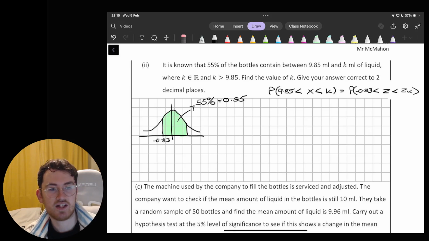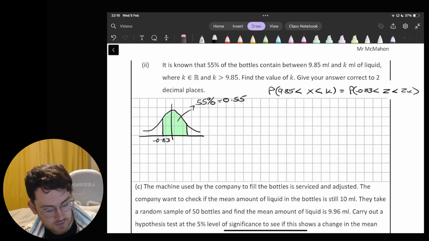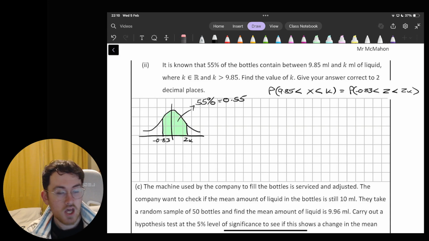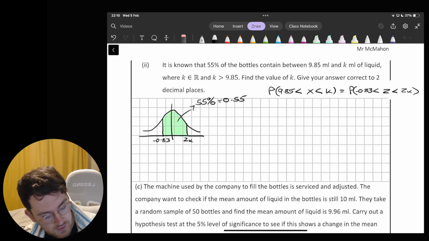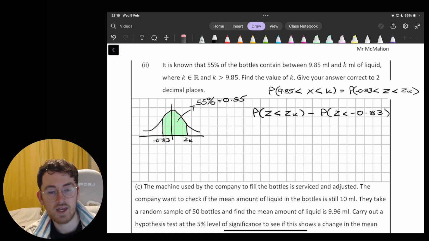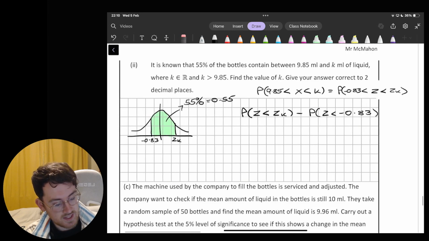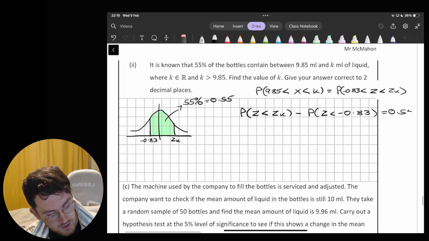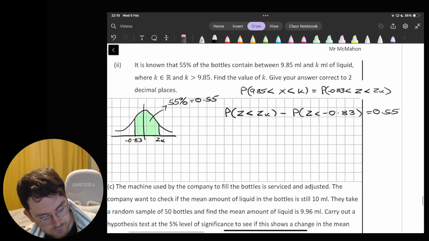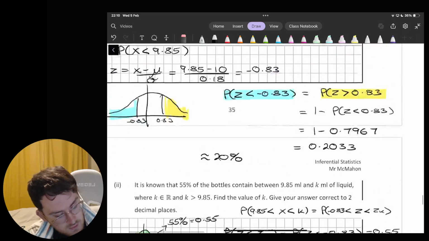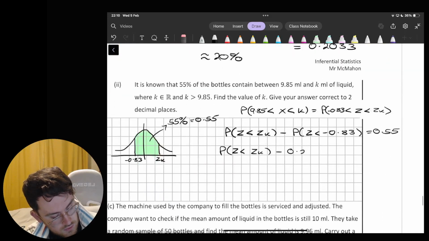Our zk value we don't know, because we don't know what z value corresponds with k, but we know the minus 0.83. So I want to look at less than zk minus less than minus 0.83. I already know that answer from the previous section. That should all be equal to 0.55. So the probability that z is less than zk minus the answer from the last one, which was 0.2033.